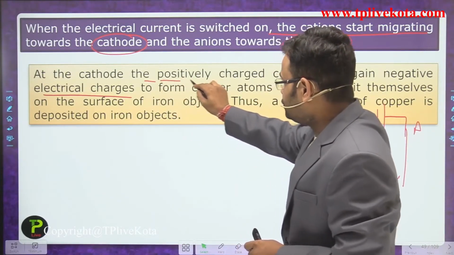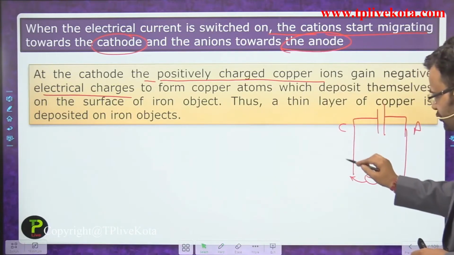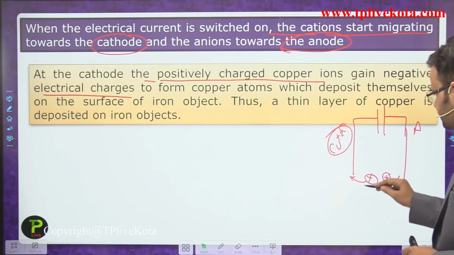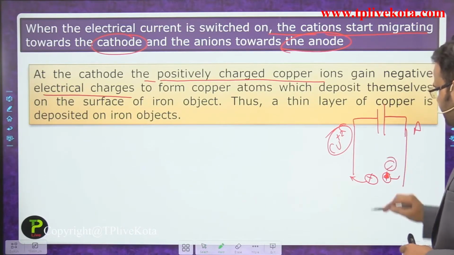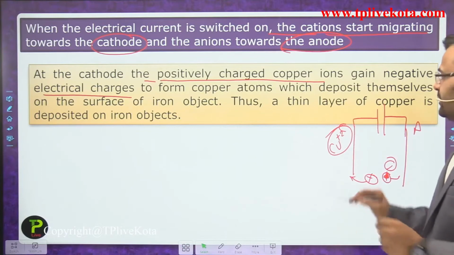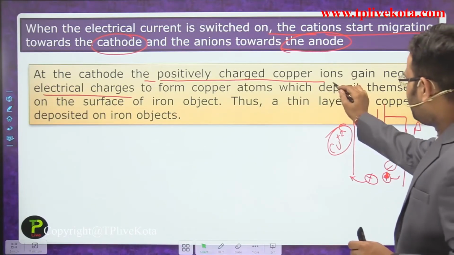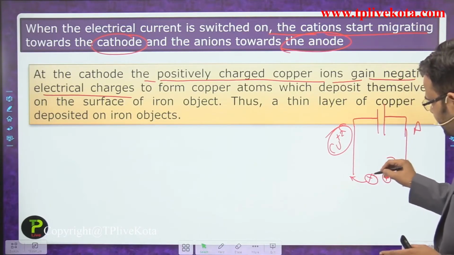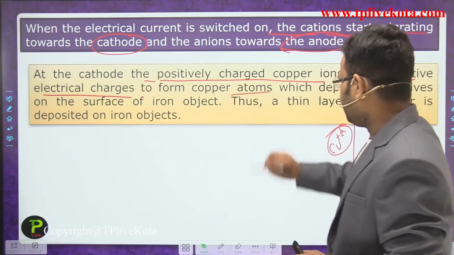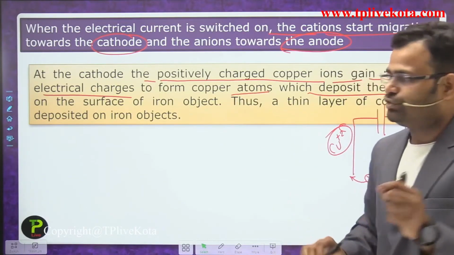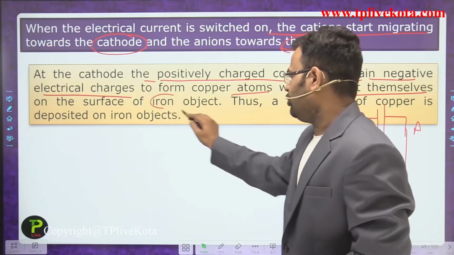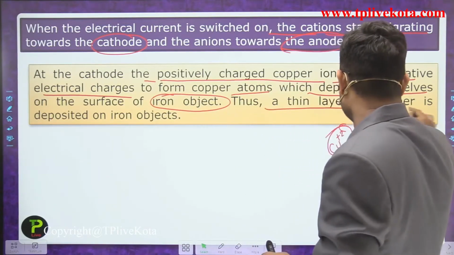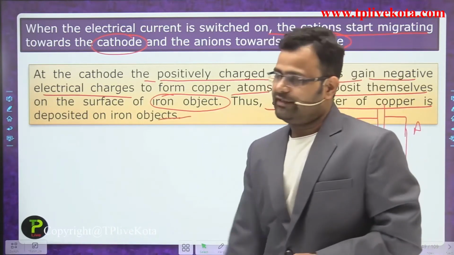At the cathode, because it is connected to the negative terminal, the positively charged copper ions gain a negative electrical charge and form copper atoms, which deposit themselves on the surface of the iron object. Thus a thin layer of copper is deposited on the iron object.